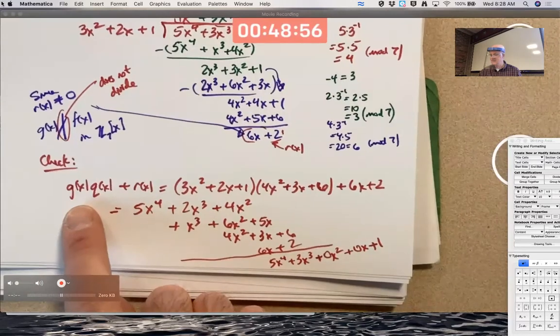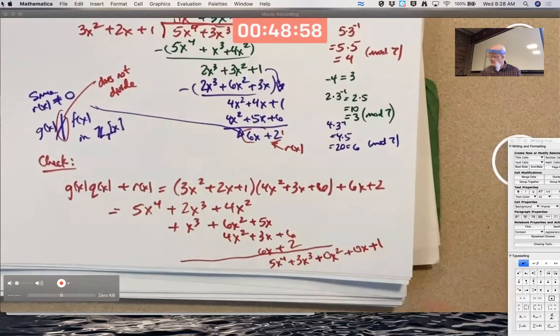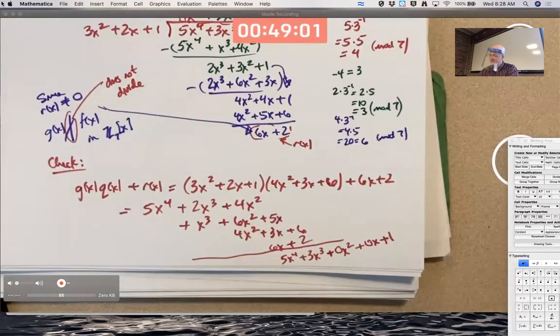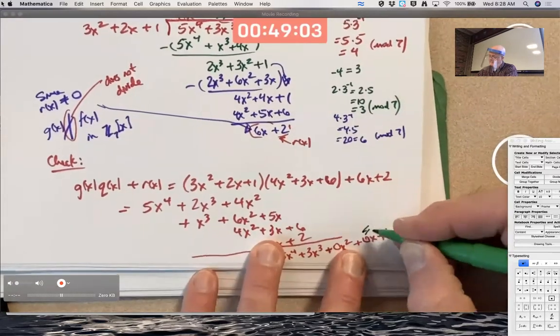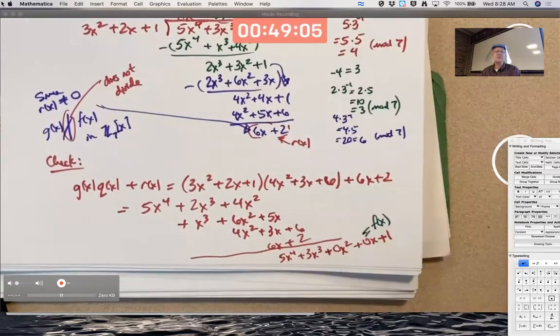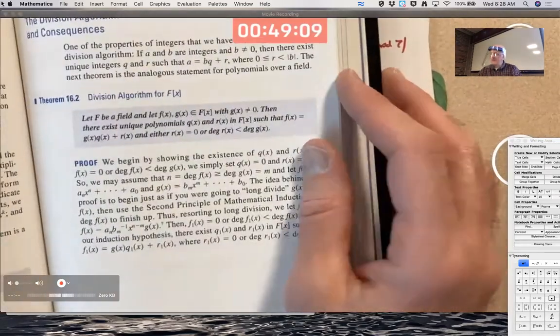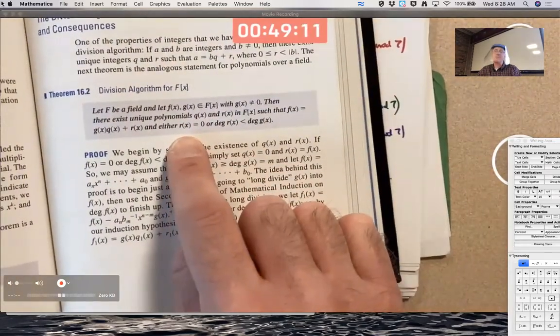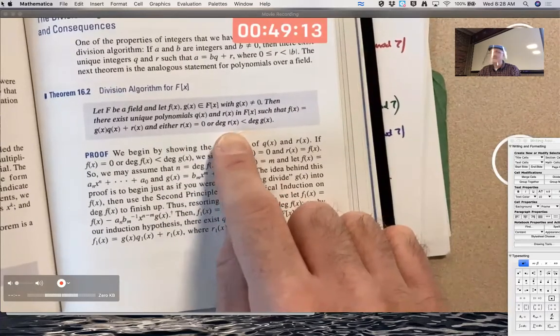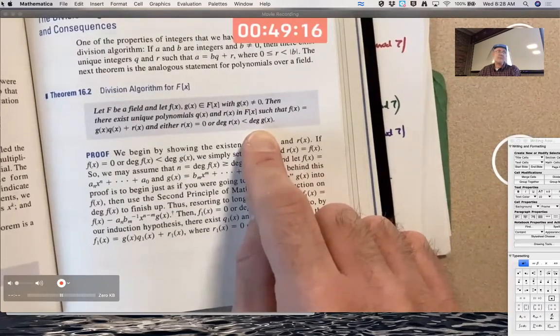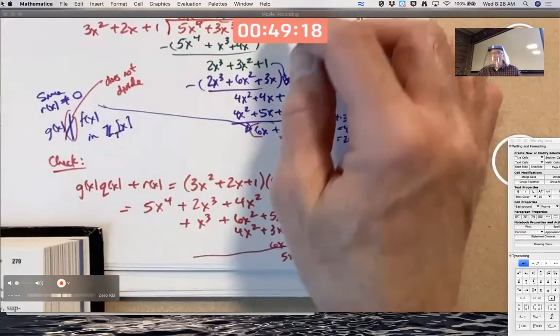We checked. g of x times q of x plus r of x equals f of x. And either r of x is the 0 polynomial, or the degree of r of x is less than the degree of g of x, which is what we're dividing by. We were dividing by g of x here.